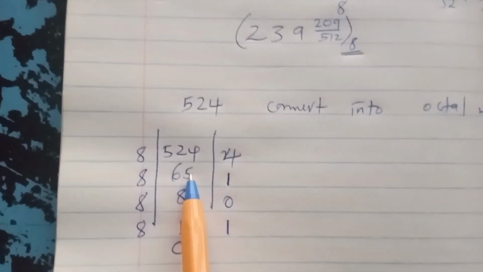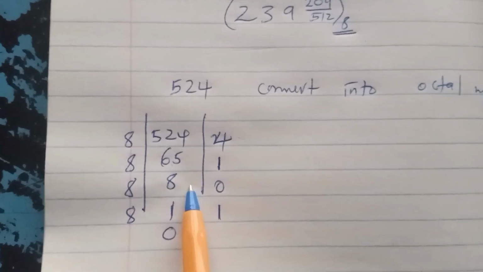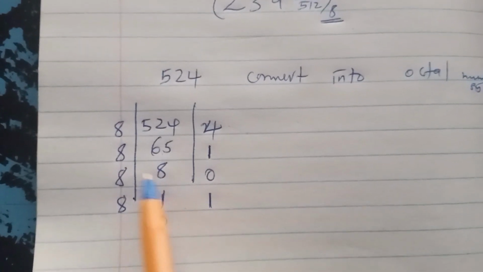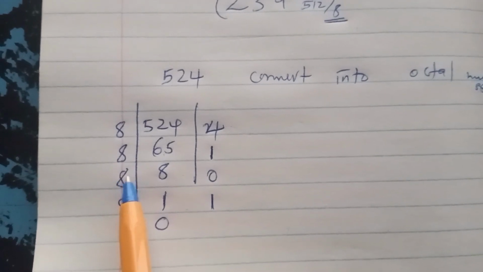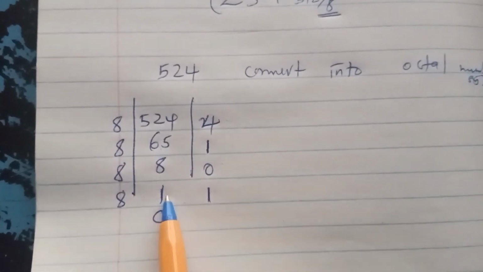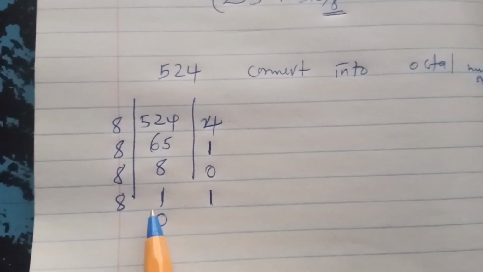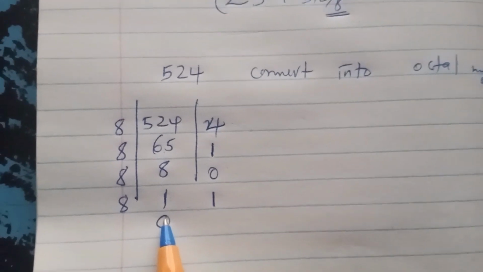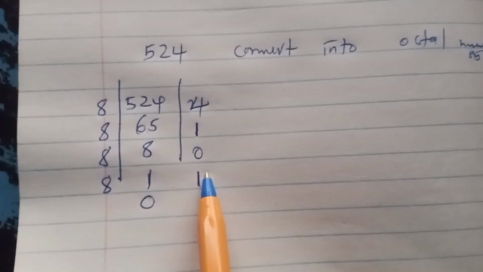You divide 65 by 8, you get 8 because of 64, remainder 1. You divide 8 by 8, you get 1, and the remainder is 0. And if you divide 1 by 8, it will go 0 times, and you remain with the same 1 that you had.